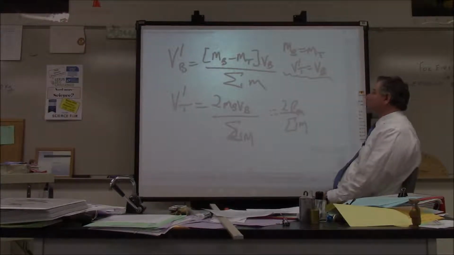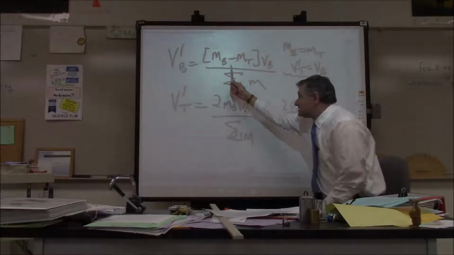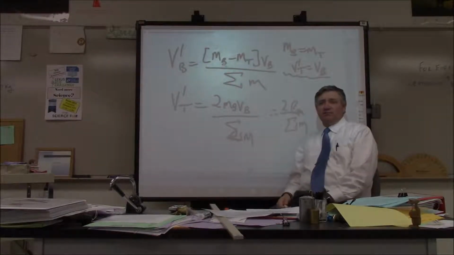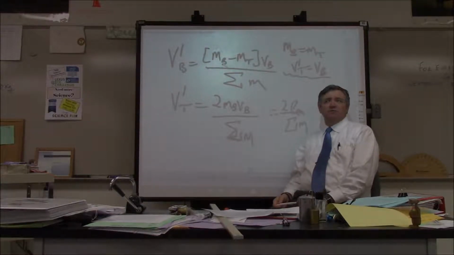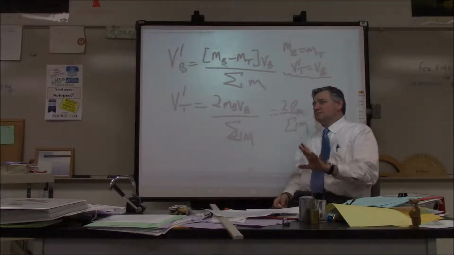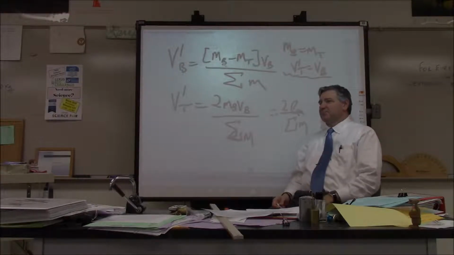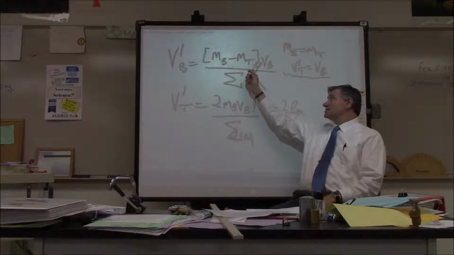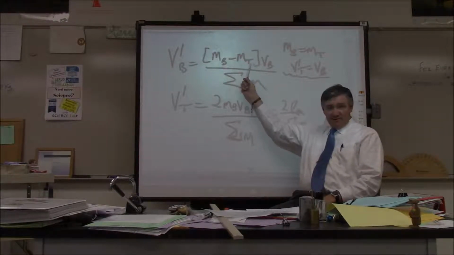Now, what if the bullet's mass is less than the mass of the target? Let's start with step 1. If the mass of the bullet is less than the mass of the target, what's going to be the sign of this?